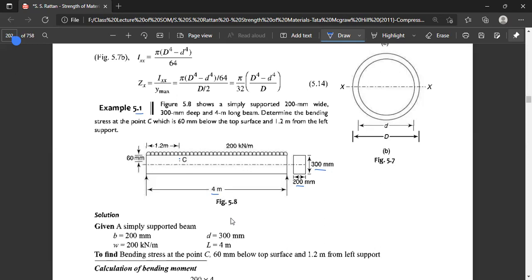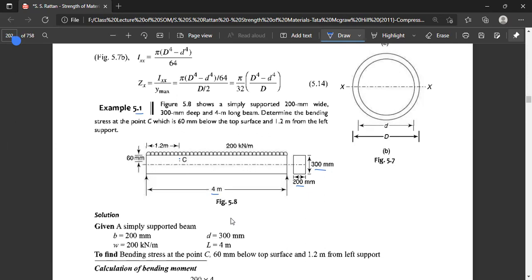So what is given here? The width of the section b is equal to 200 millimeter. The depth of the section d is given as 300 millimeter. The distributed load w is 200 kilonewton per meter, and total length is 4 meter or 4,000 millimeter.